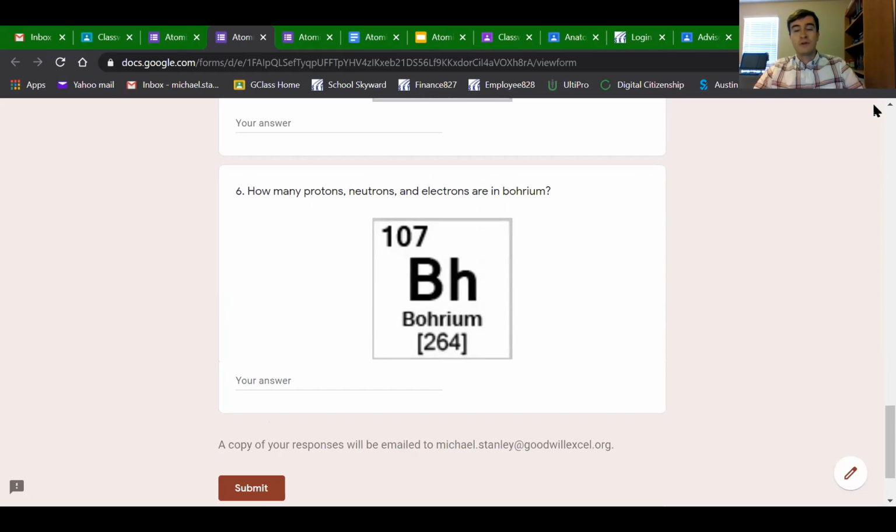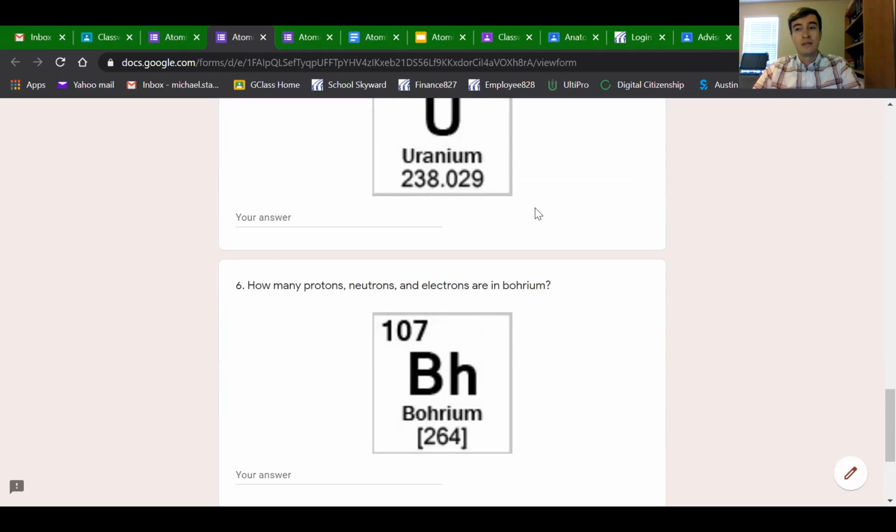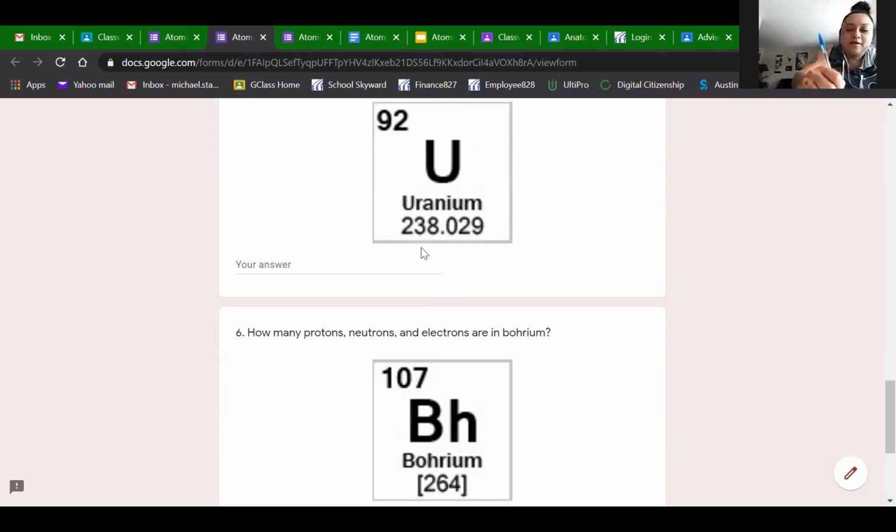Good question. That essentially means that scientists haven't been able to measure the mass of borium as precisely as these other elements. The reason uranium is 238.029 is because they were able to use super precise technical instruments and make that very tiny measurement.